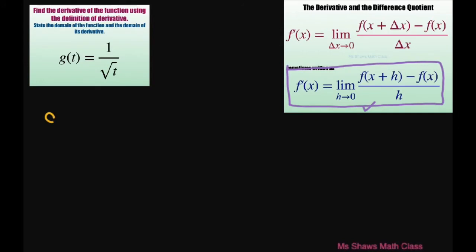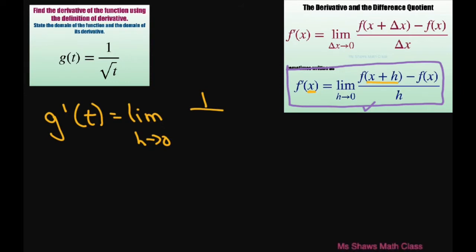We're going to have g prime of t. Now this has x, so we're just using t. So this is going to equal the limit as h approaches 0. And what we're going to do is substitute in 1 divided by x plus h.